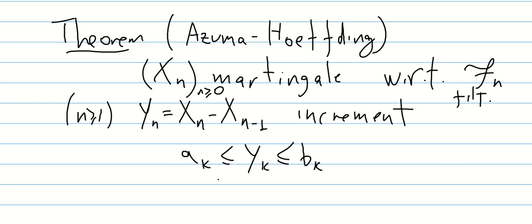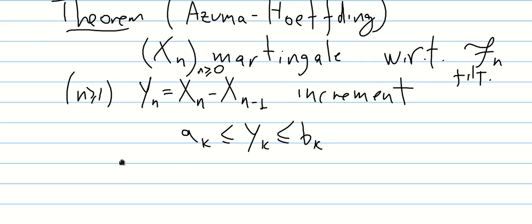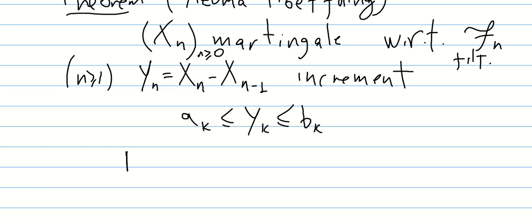So you can see already some inspiration from the last lemma appearing here. And we fix some t, we want to bound in the end the probability that our martingale has deviated from its expectation.